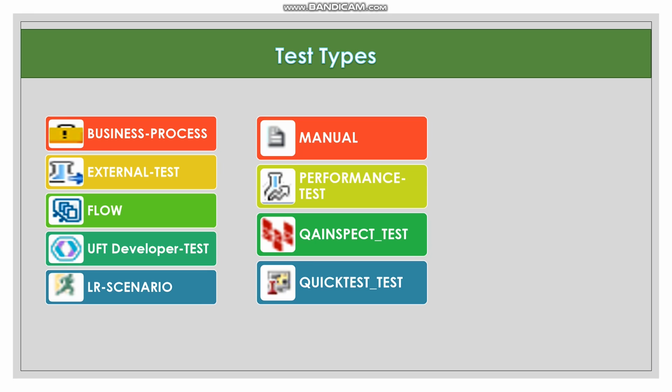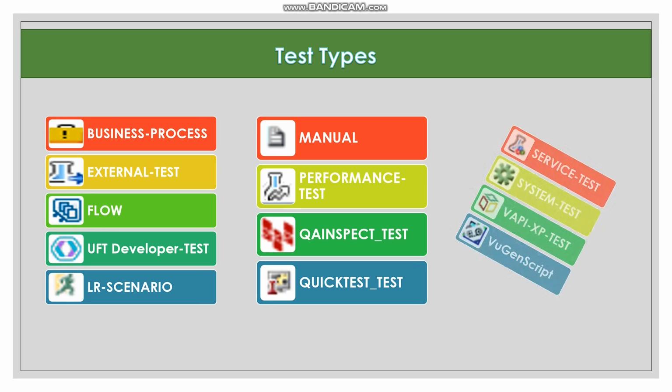The QuickTest test, a GUI test that is executed by Unified Functional Testing. This test type is only available if you have installed the appropriate add-in from the Application Lifecycle Management add-ins page.